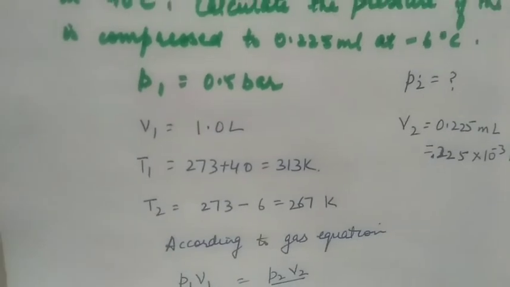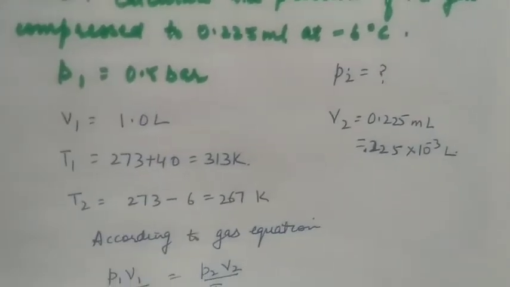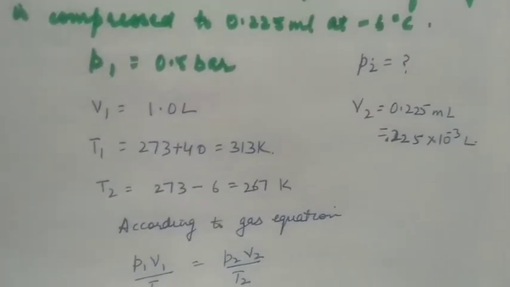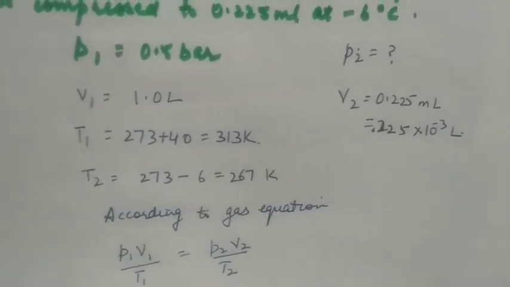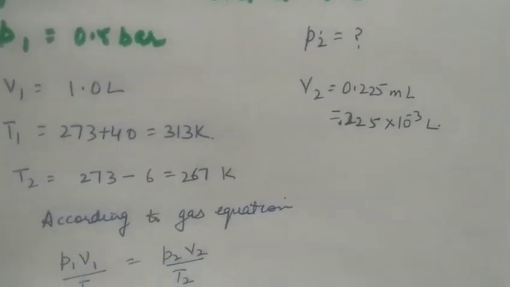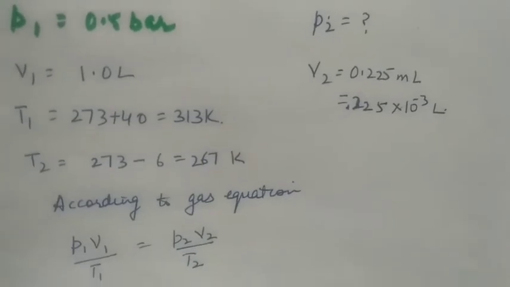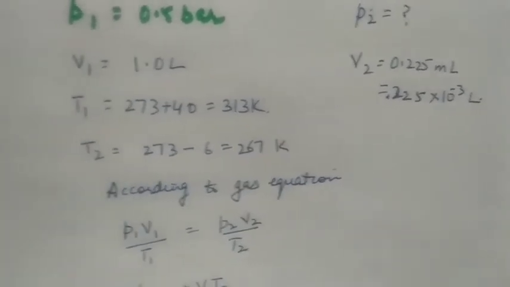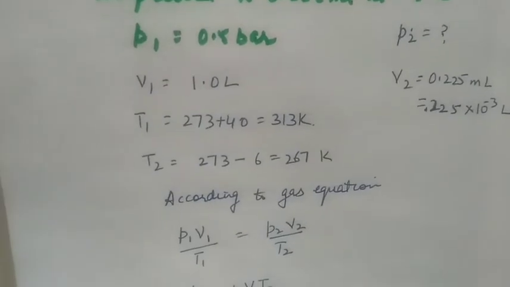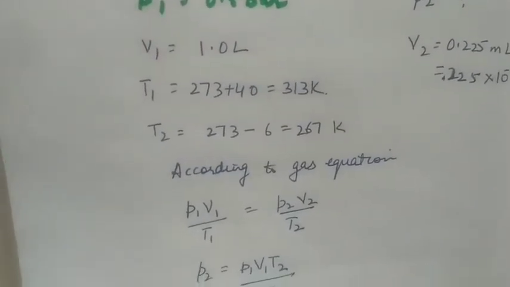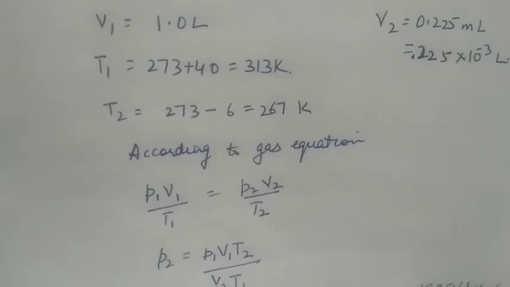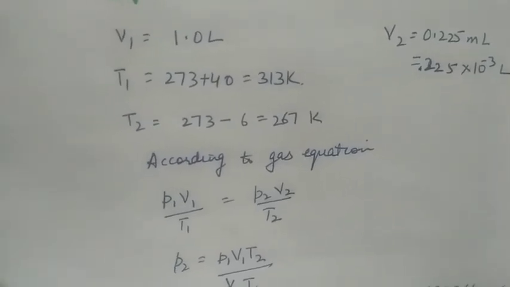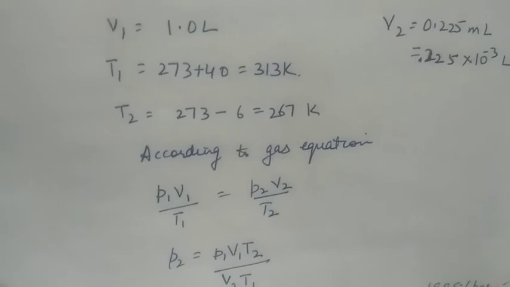So P1 is 0.5 bar, P2 we have to find, V1 is 1 liter, V2 is 0.225 milliliter. We will convert milliliter into liter, so this comes out to be 0.225 into 10 raised to the minus 3 liter. T1 was 40 degrees centigrade; in Kelvin we add 273, so it is 313 Kelvin. For T2 it is minus 6, 273 minus 6, 267 Kelvin.